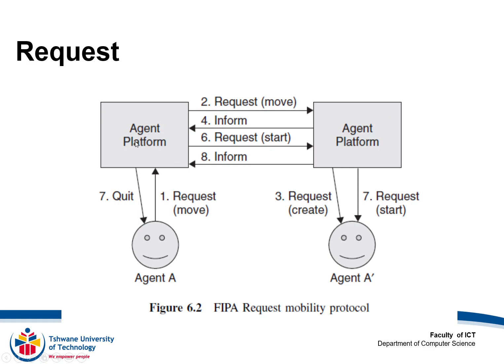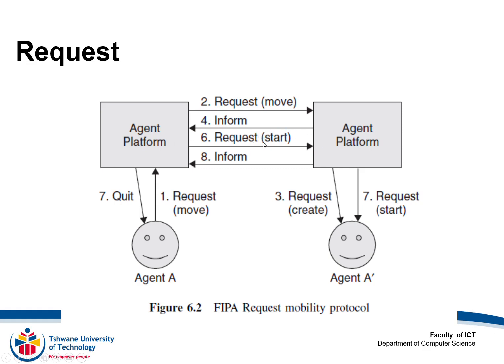So remember, you need to first move the agent over, but because you do all of this through the platform, you need to always communicate. You request a move through the platform, and then it will send it to the other platform. When it gets there, that agent will get created, and then you inform back to say the creation was successful. Once that has been informed, the next thing that needs to happen is that you request the start.